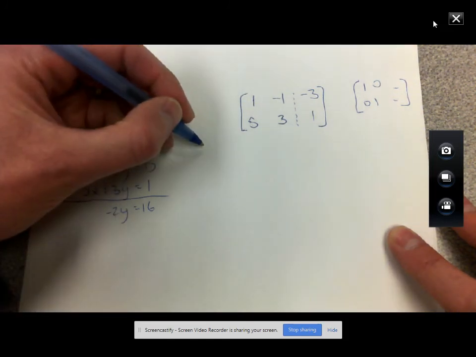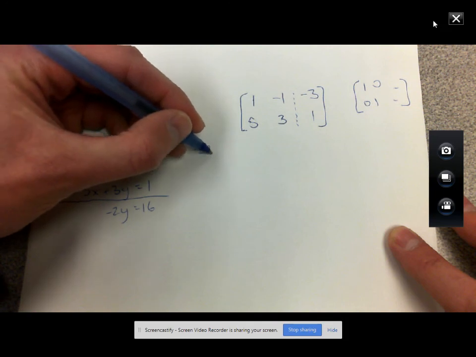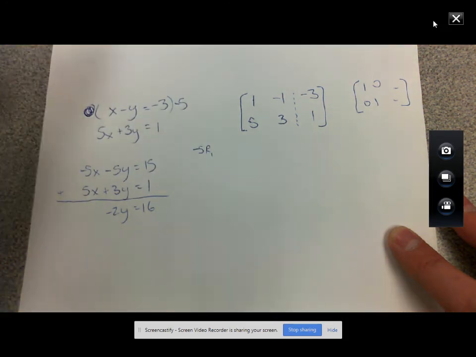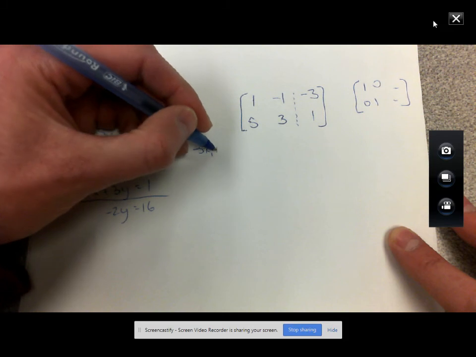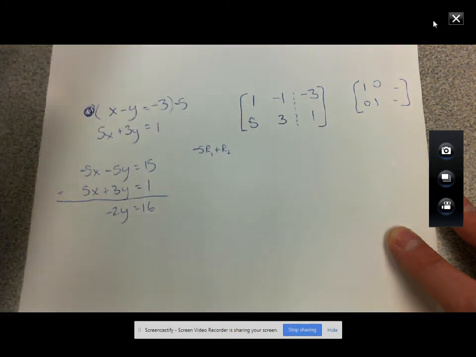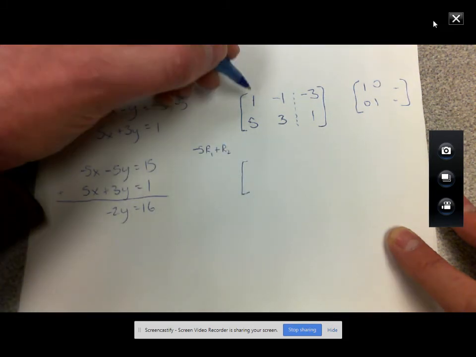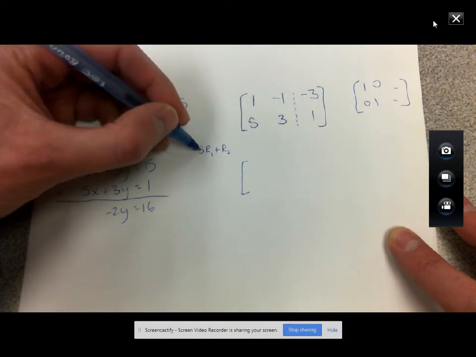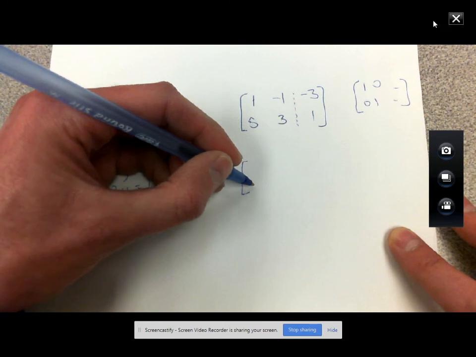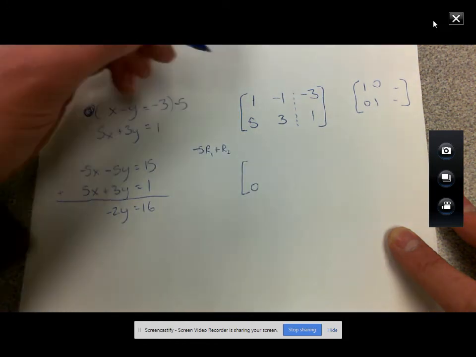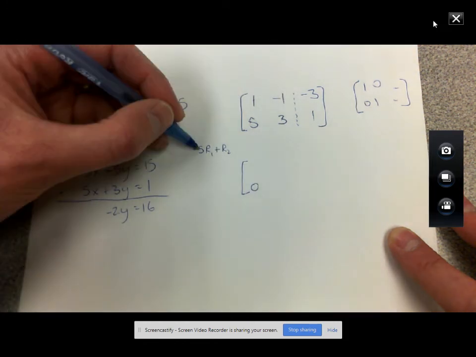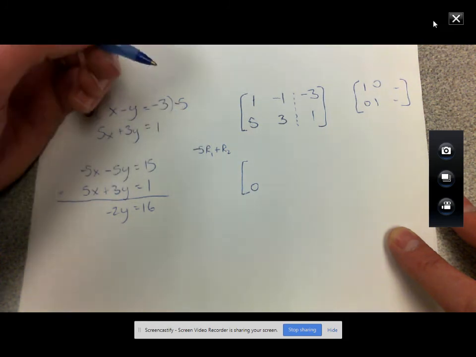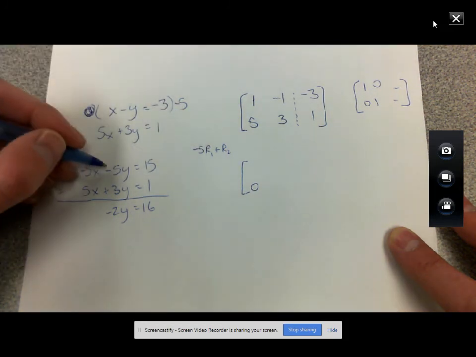So if I take -5 times row 1, and I add that to row 2, the result is, let's see, 1 times -5 is -5, plus 5 is 0. -1 times -5 is 5. Oh, I did something wrong here.